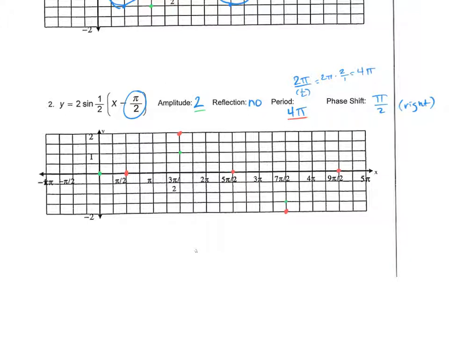Actually, sorry, that original minimum should have been there. So now I have a full period of my function. This would continue, but here there's really only enough for one full one, and then it would just kind of continue.